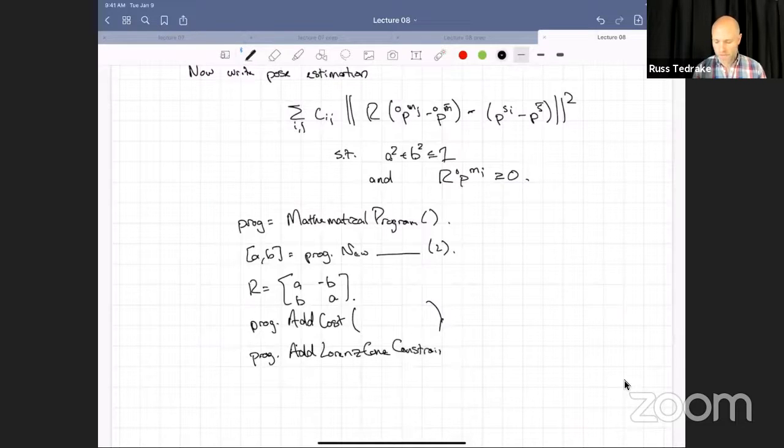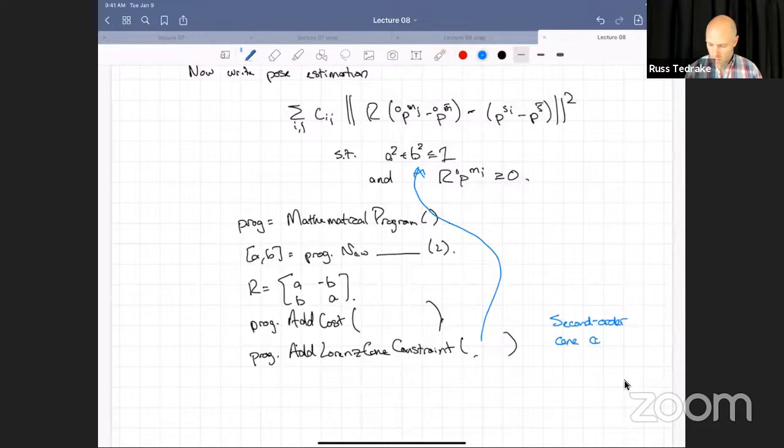I will ship the example with the notes tonight, but that basically imposes this constraint here. And it's interesting: this is a class of constraints called second order cone constraints, and a class of optimization problems called SOCP.